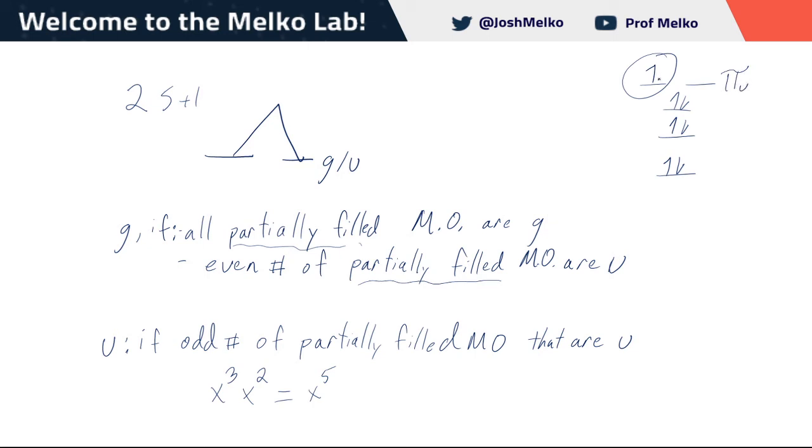There's one partially filled molecular orbital, an odd number of ungerades, so this would be an ungerade configuration, okay? Whereas this would be a gerade configuration, because there's an even number, 2, of ungerade molecular orbitals. Okay, so that's how we come up with gerade or ungerade.